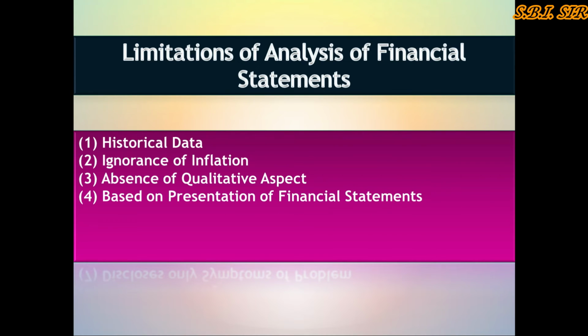Fourth, based on presentation of financial statements. The operation of analysis is done on the basis of information provided in financial statements. The correct and fair analysis and interpretation are entirely based on information disclosed in the financial statement.